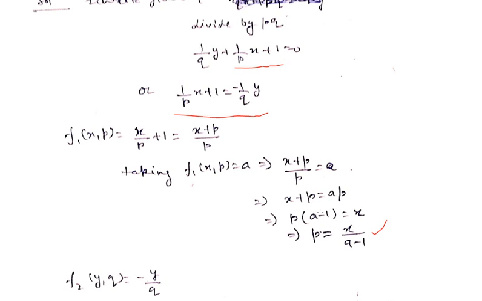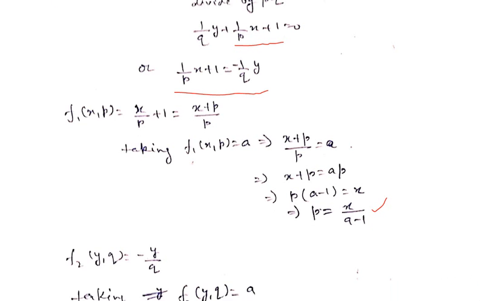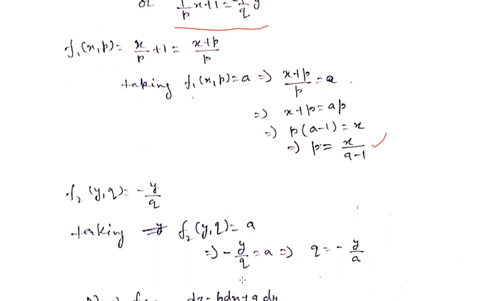When we simplify it this way, we get p = x/(a - 1). And from the right hand part, equating the right hand part equal to a, we get the value of q, which is -y/a = a, implying q = -y/a.